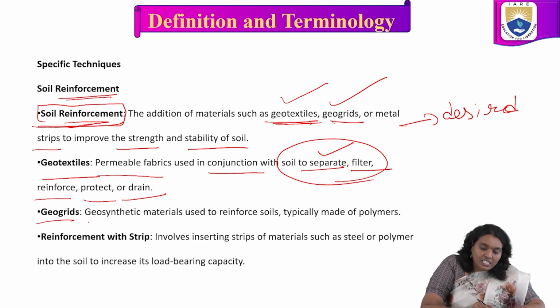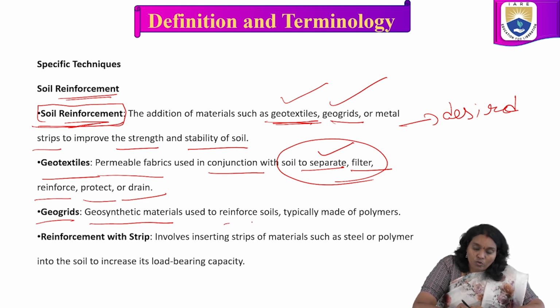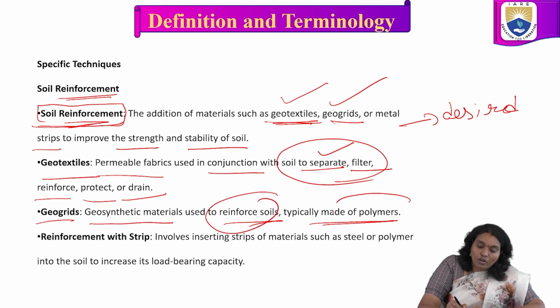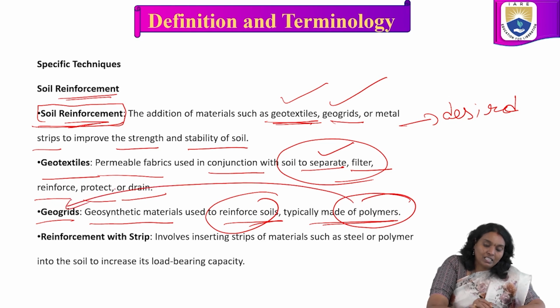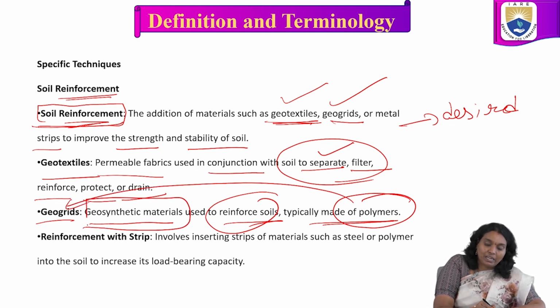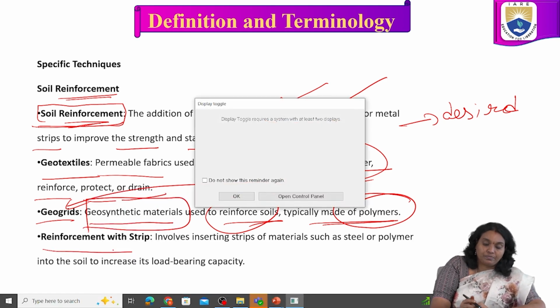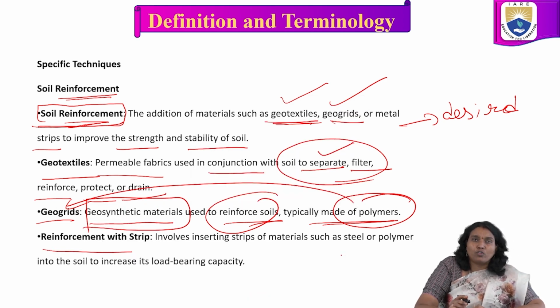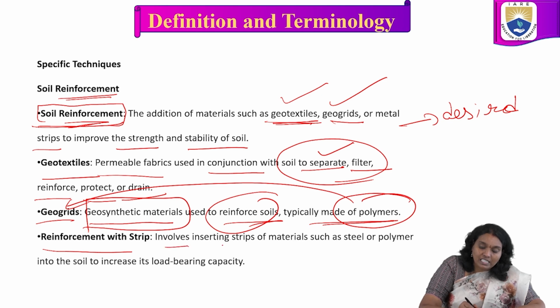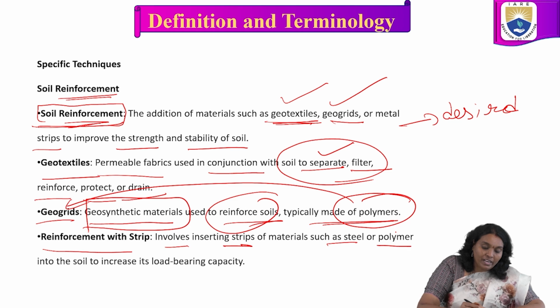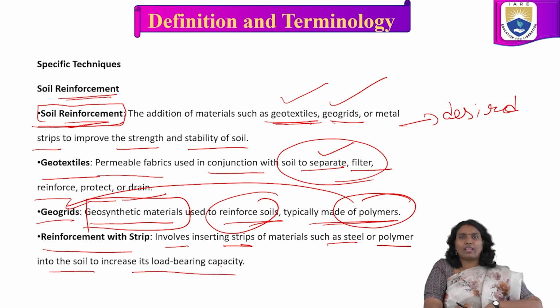Geogrids are geosynthetic materials used to reinforce soils, typically made of polymers. Reinforcement with strips involves inserting strips of materials such as steel or polymer into the soil to increase its load bearing capacity.